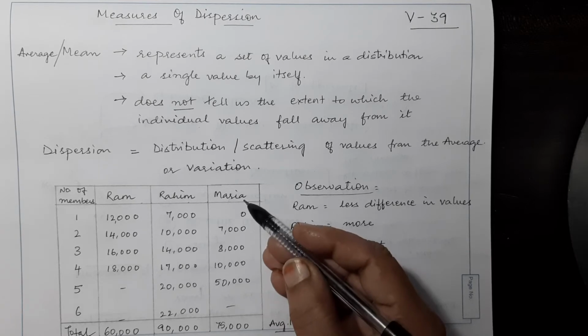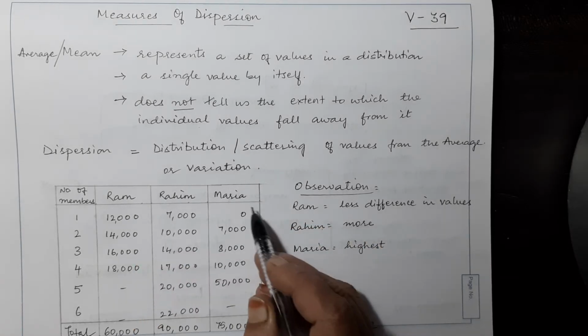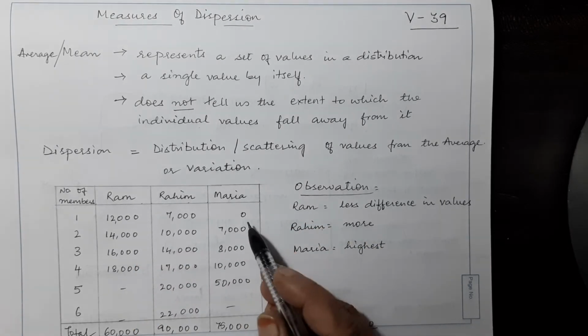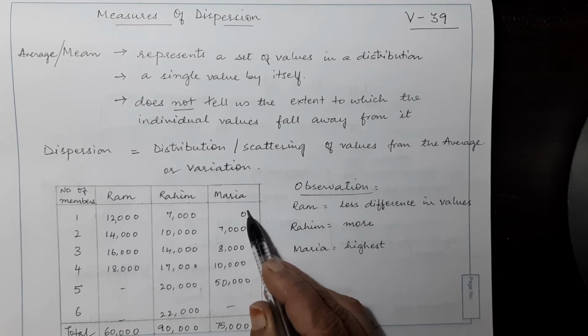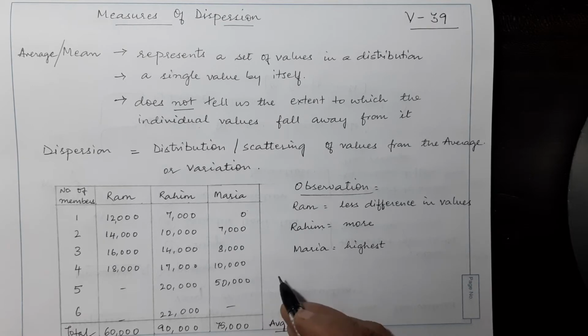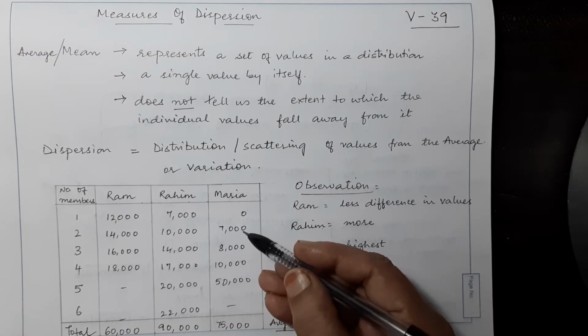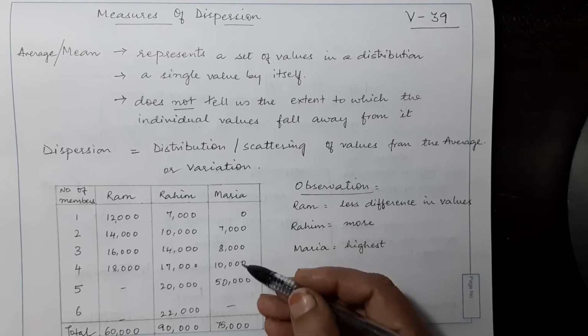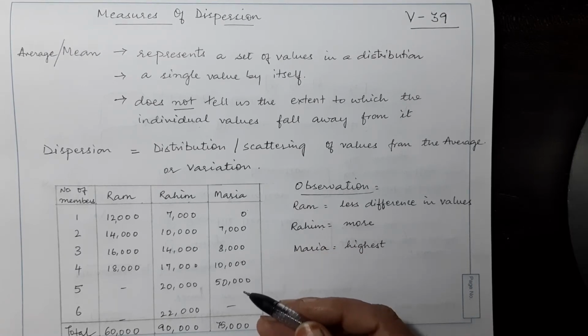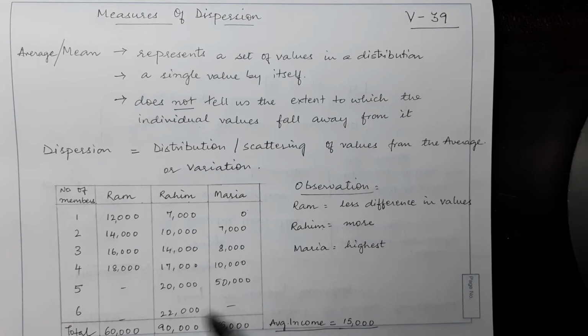And in Maria's family, Maria does not do anything, so she doesn't earn any money, whereas the other four members in the family earn 7,000, 8,000, 10,000 and 50,000 rupees respectively. Now the totals are Ram's family 60,000, Rahim's 90,000 and Maria's 75,000 rupees.